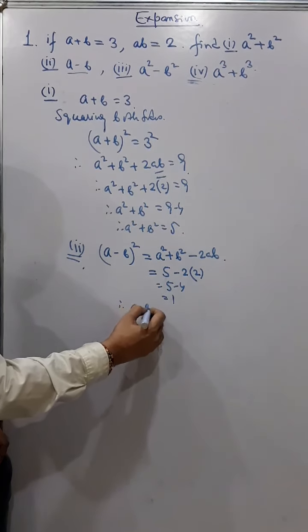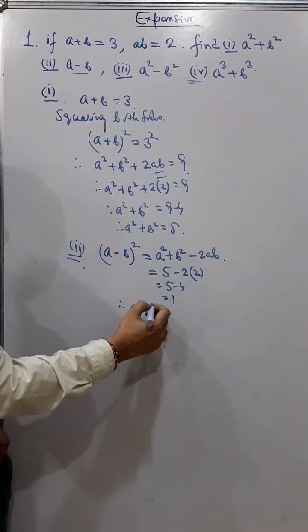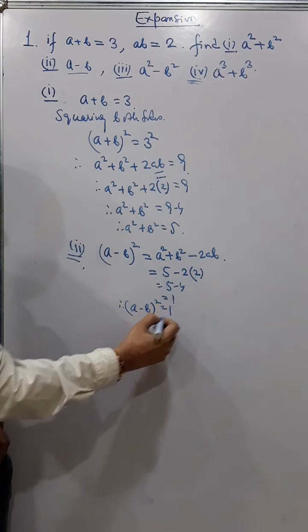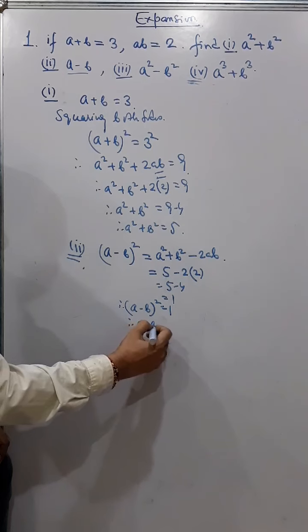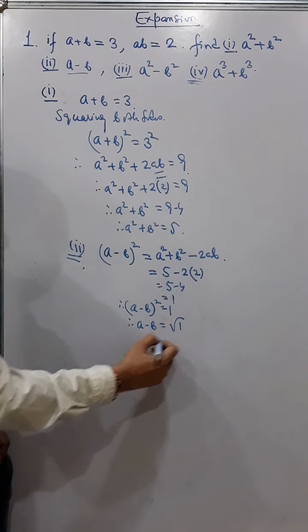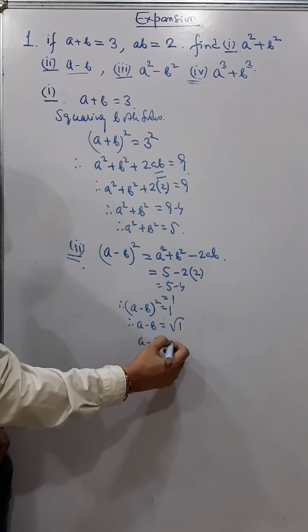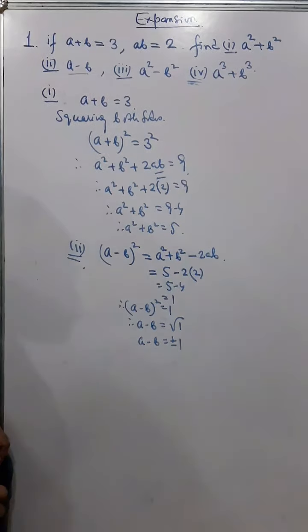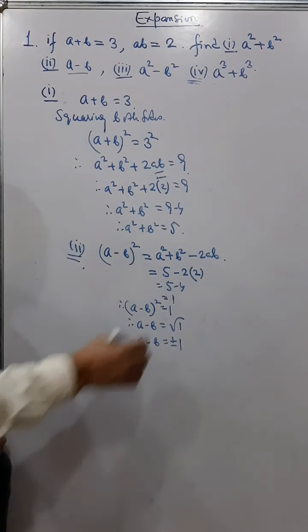Finally we got a minus b whole square is 1, and therefore a minus b is equal to root over 1, so a minus b is equal to plus minus 1.